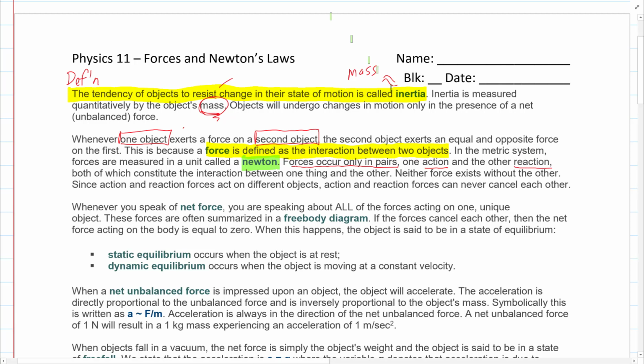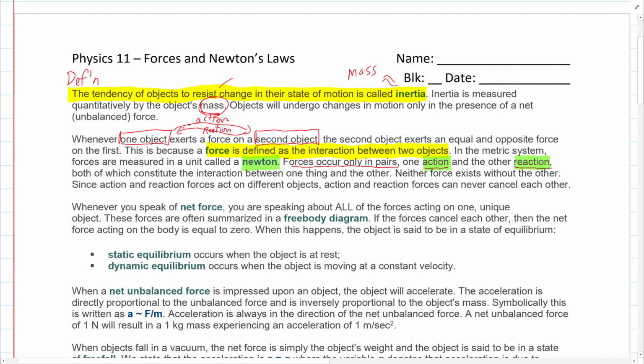So there's an action force, and then there's a reaction force. They occur in pairs, both of which constitute the interaction between one thing and another. Neither force exists without the other. Since action and reaction forces act on different objects, there's one that's causing the action force, and then the reaction is the back one.